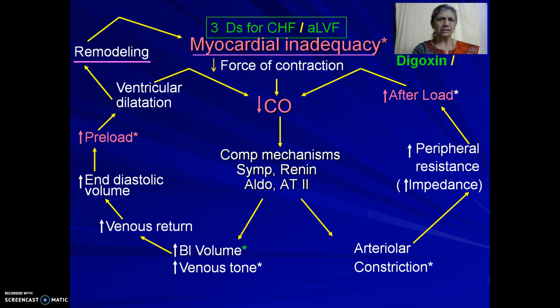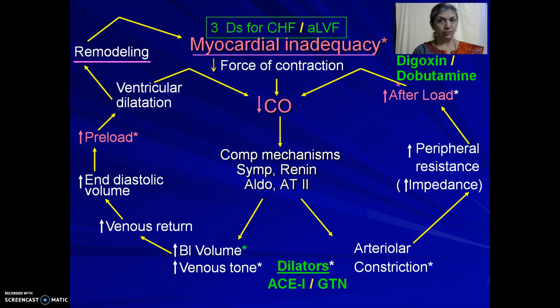So force of contraction can be increased by digoxin and dobutamine, which is a selective positive inotropic agent, useful intravenously in management of acute aLVF. Digoxin is relied on in chronic management, but that too a little more cautiously because of its adverse effects, narrow margin of safety, and adverse drug interactions.